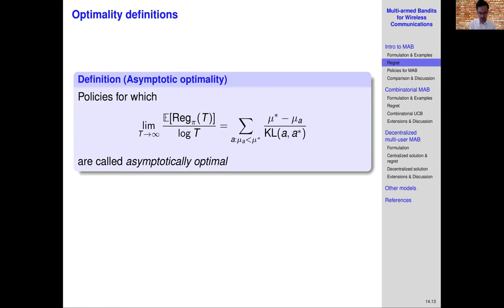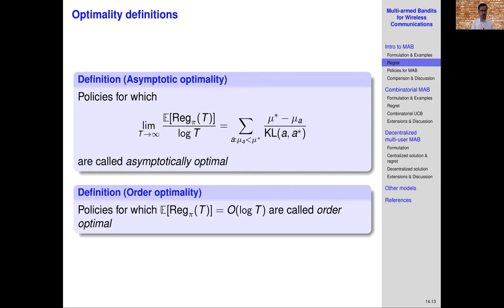It doesn't give insights about the finite time performance of the policies, which we are more interested in for practical applications. There is another definition of optimality called order optimality. Order optimality says that policies which achieve expected regret that grows logarithmically over time are order optimal. So this is a weaker sense of optimality.